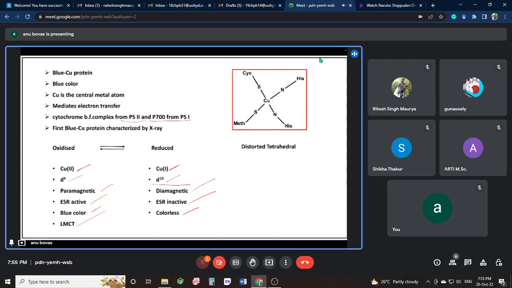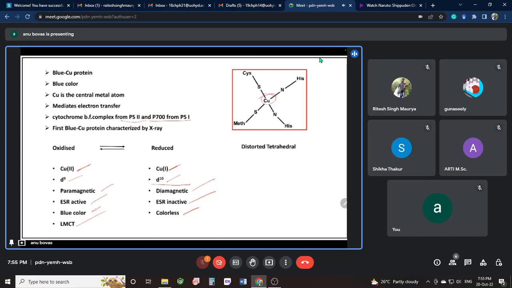The structure is distorted tetrahedral, whether it is oxidized or reduced. The central atom copper is attached to two histidines through the nitrogen atom of histidine, one cysteine through the sulfur atom of cysteine, and one methionine through the sulfur atom of methionine.